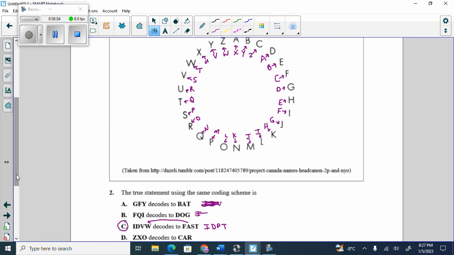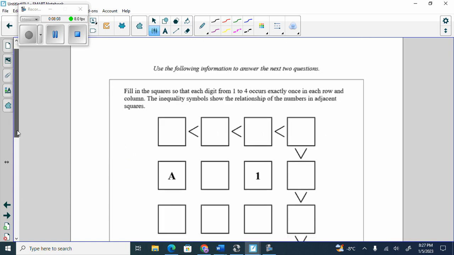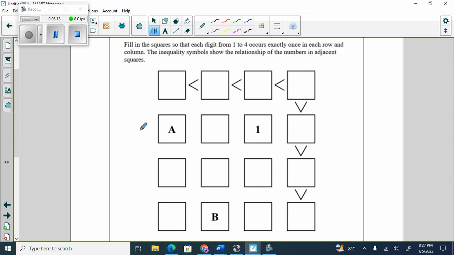All right. This one here says fill in the squares so that each digit from 1 to 4 occurs exactly once in each row and column. So we have to have 1 to 4 here and 1 to 4 here.